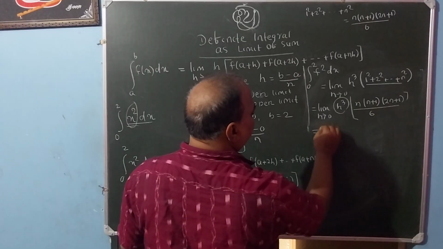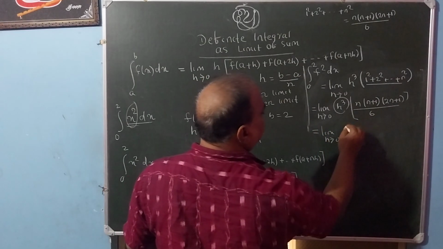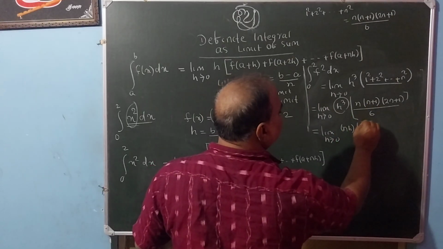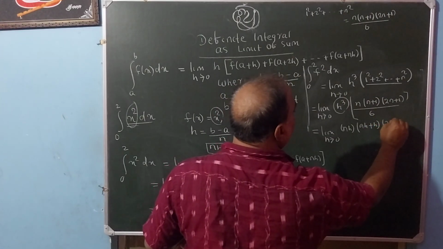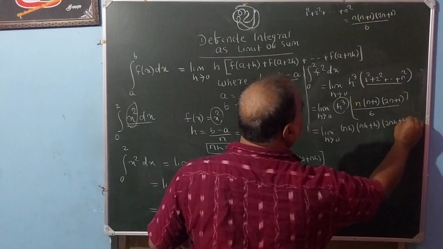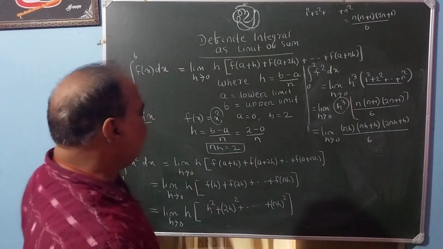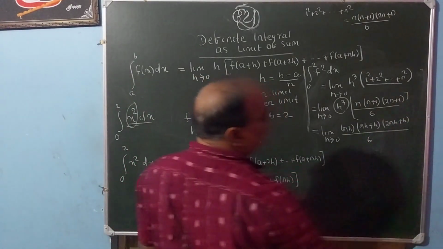So we get limit h tends to 0, nh, nh plus h, 2nh plus h by 6. Now in place of nh we have to put 2, and in place of h we have to put 0.